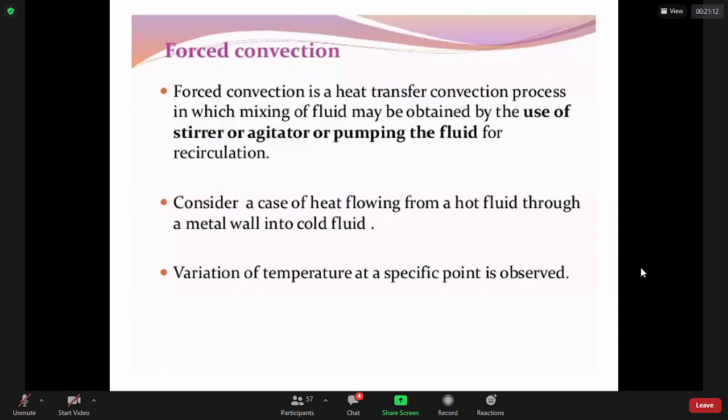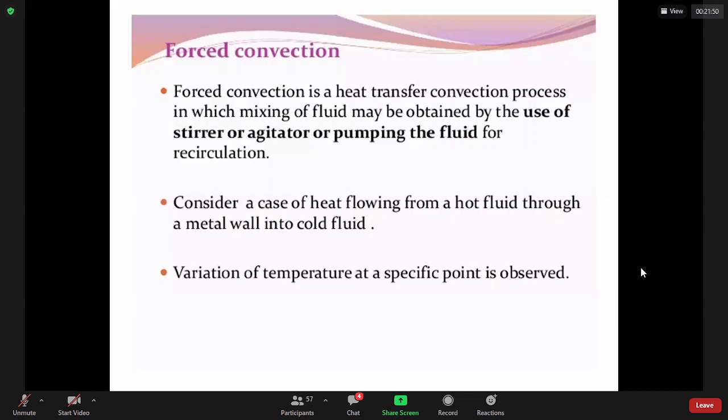Now, consider a case of heat flowing from a hot fluid through a metal wall into a cold fluid. This is a type of exchanger where you have one tube and another tube surrounding it. Take the example of a glass with cold water, but in the middle there is vapor.